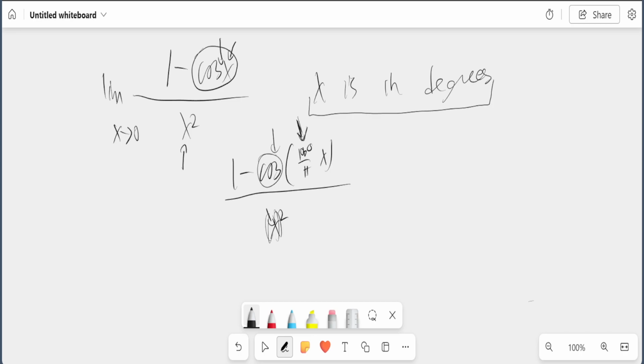Instead of being over 30, now it's over some other number, and that's not what we're doing. The only reason we have 180 over pi here is because cosine takes only radians. It doesn't take degrees, even though in your head you might say cosine 30.